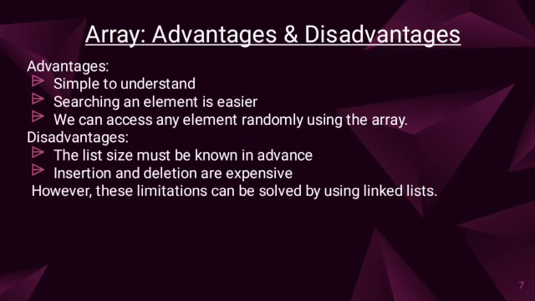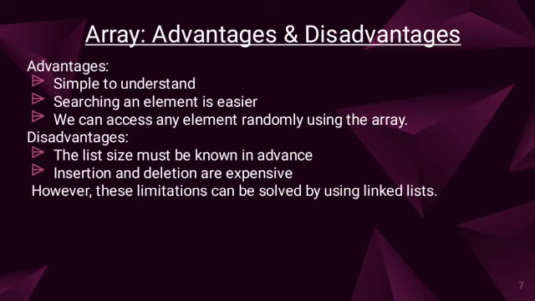Next we see the advantages and disadvantages of list ADT implemented by using array data structures. First we see the advantages. First one, simple to understand because an array is a simple data structure. Next, by using an array, searching any element is easier because in an array we use the random access method.